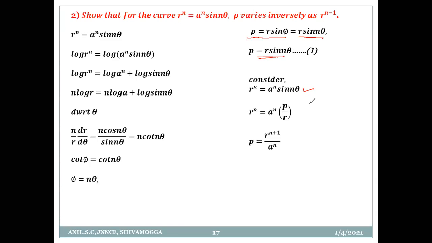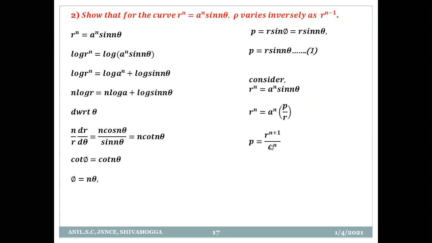Therefore, r into r power n is r power n plus 1. This is equal to a power n into p. Therefore, p is equal to r power n plus 1 divided by a power n. This is what we call the pedal equation.